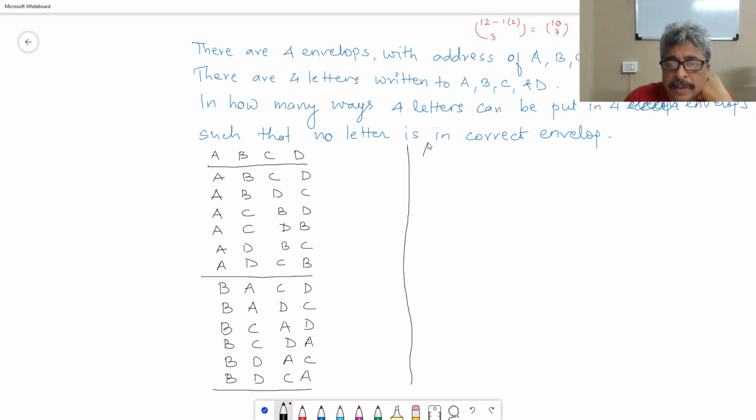Then envelope A, B, C, D, starting with C: C, A, B, D; C, A, D, B; C, B, A, D.